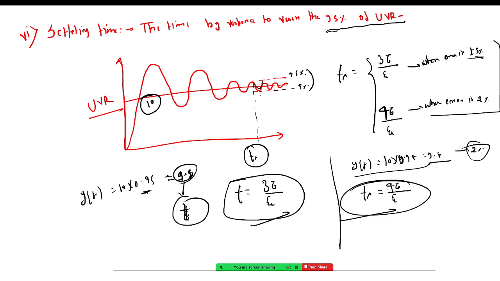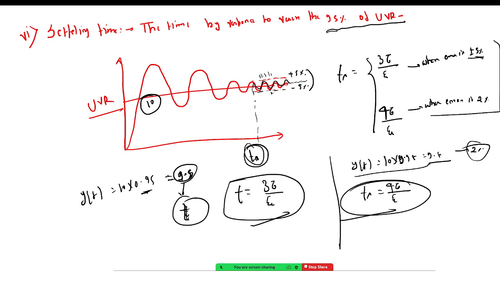Sometimes it will come to 10, sometimes 9.5, sometimes it will go to 11.5. Again 9.5, 11.5. These fluctuations will be there, right? So it will take a long time to surpass this fluctuation, so it's better to understand it this way.